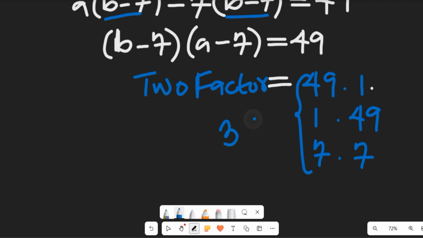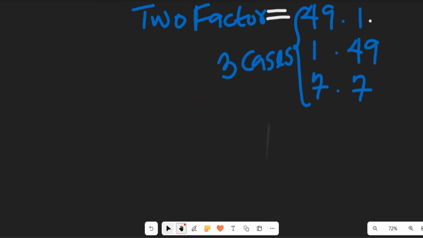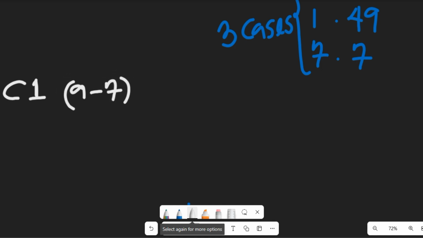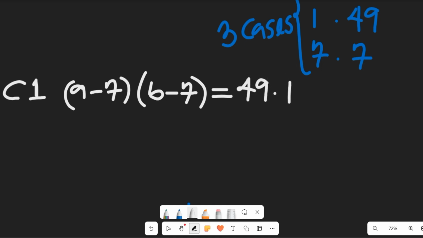So what do I do? Having these three cases, I'll take one case at a time. Now, if I take one case at a time, in case 1, I'll have a minus 7, which is the first, and then I'll have b minus 7, and this can be equal to the first one, 49 multiplied by 1.